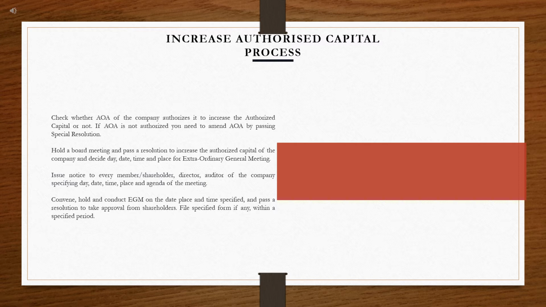Alter the Memorandum of Association of the company to increase the authorized share capital. File Form SH-7 with the Registrar of Companies within 30 days of passing the shareholders' resolution. Also, file Form MGT-14 within 30 days of the passing of the resolution, if the resolution is passed as a special resolution.